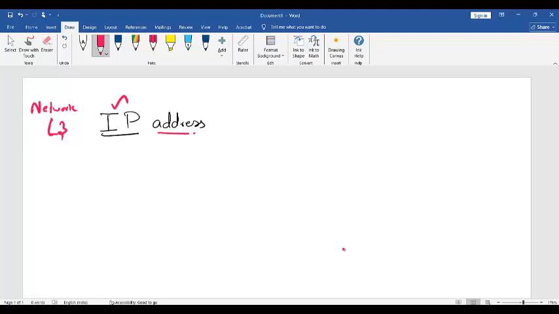Now this internet protocol needs an ID to identify a device. That ID is 32-bit size, binary bit size.